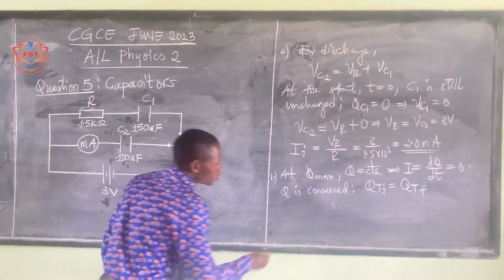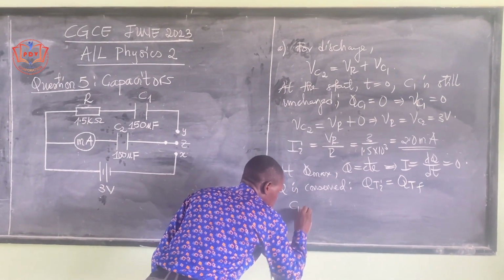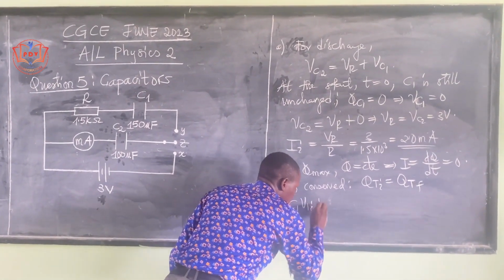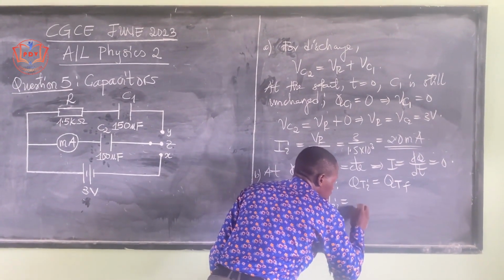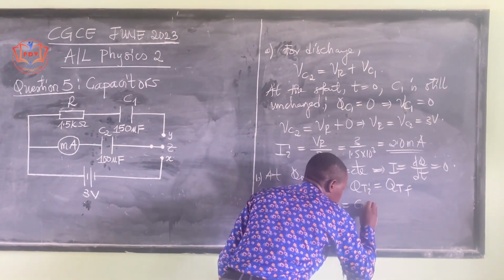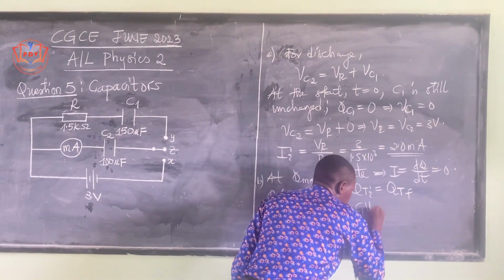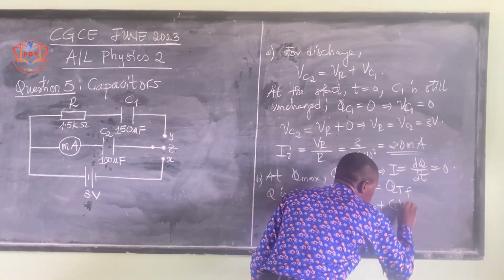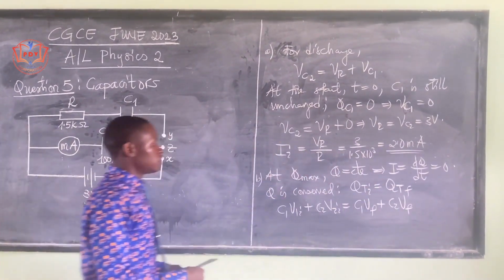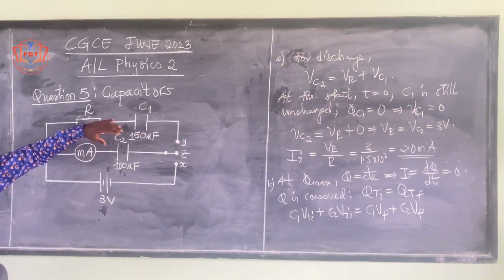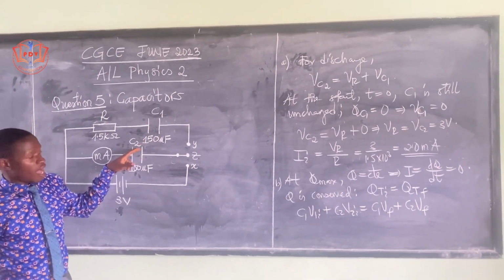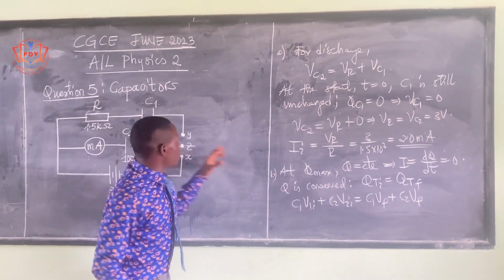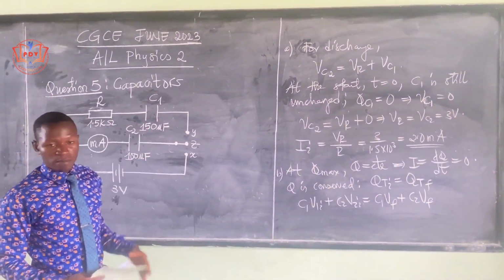So there we have that C1 V1 initial plus C2 V2 initial equals C1 V final plus C2 V final. You should know that when the current becomes zero, these two capacitors are in parallel, and when they are in parallel, the final PD across them becomes equal.